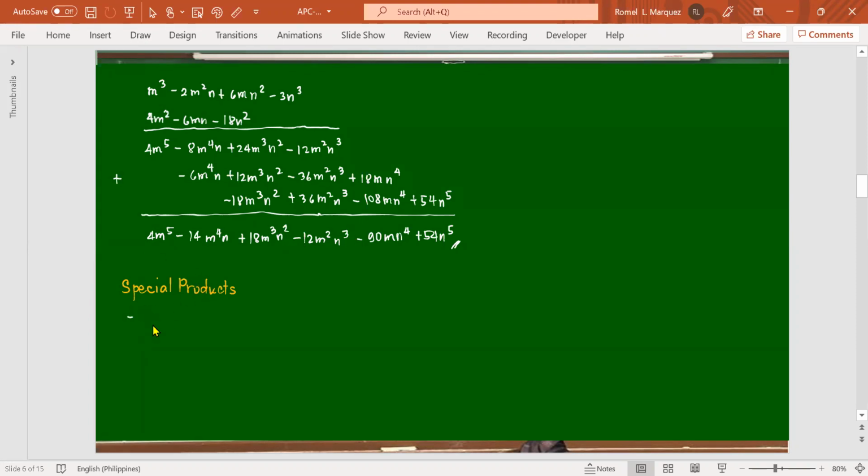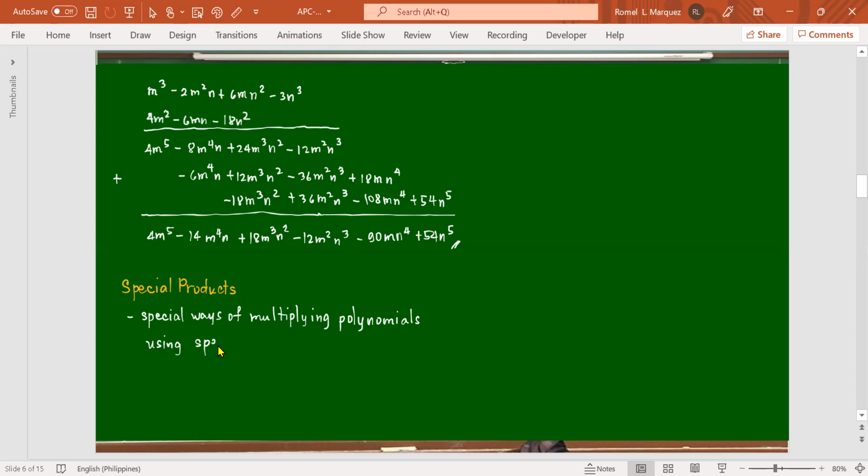Special ways of multiplication. Multiplying polynomials using what, guys?